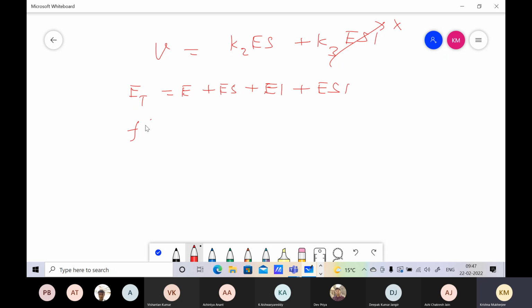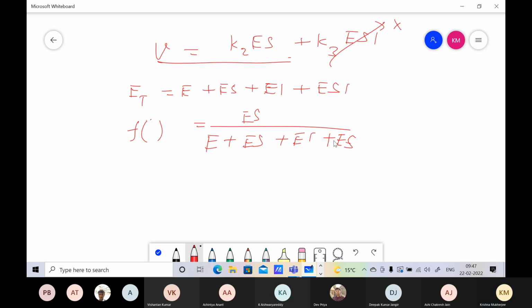If this is only the reaction here, K2 into ES, the fractional saturation is nothing but ES upon E plus ES plus EI plus ESI, right? And of course, all of these can be written in terms of E and then divided by E. So what is ES? Sorry, EIS.